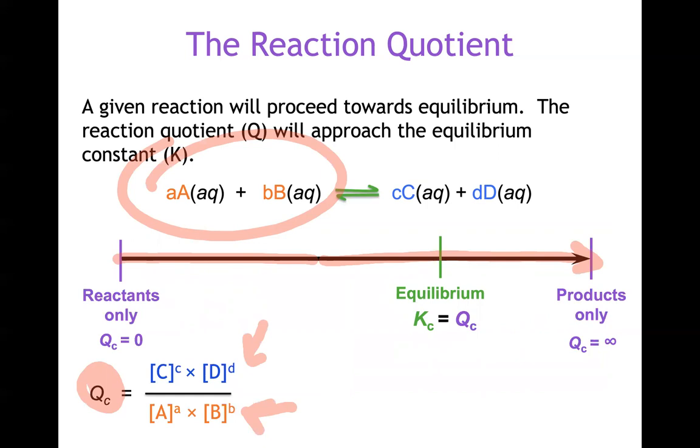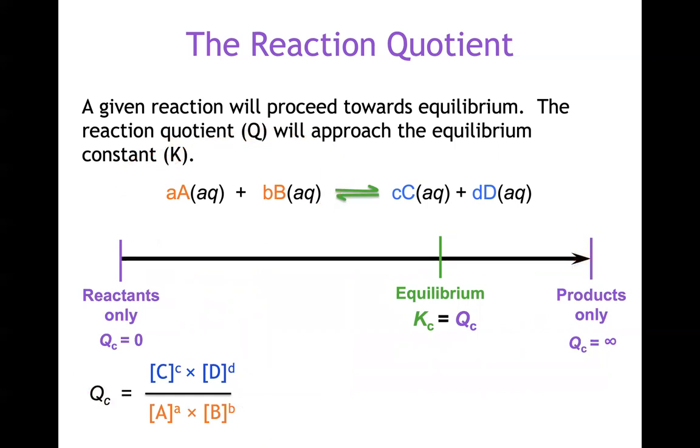Well, if initially we don't have any products, all we'll have is reactants. So there's initially no products. Then 0 over whatever value is going to give us 0. So initially, the reaction quotient is going to be equal to 0.